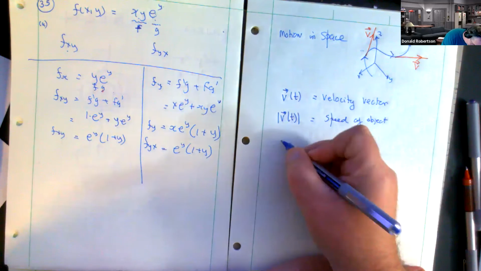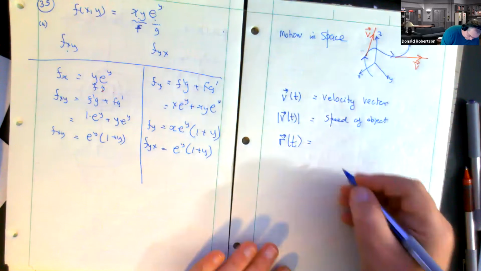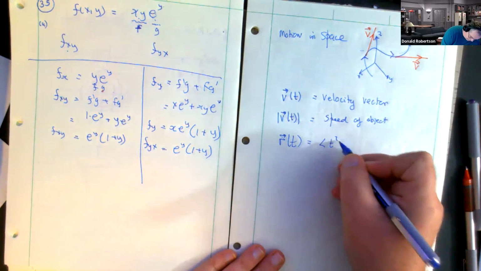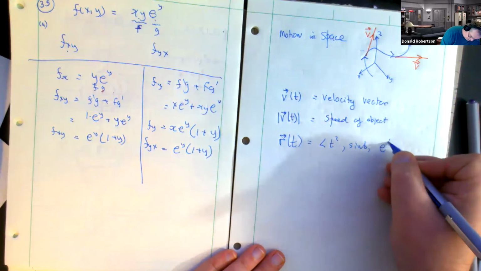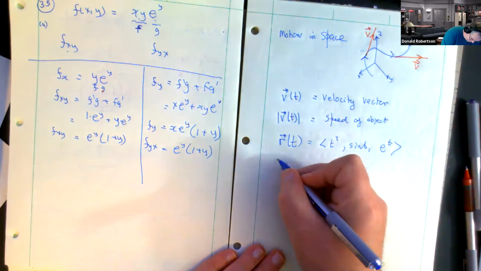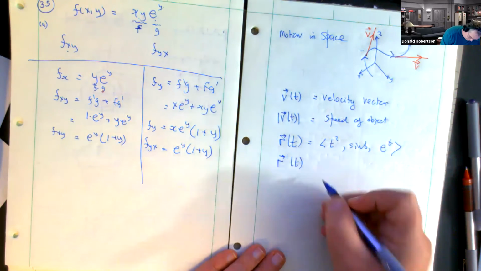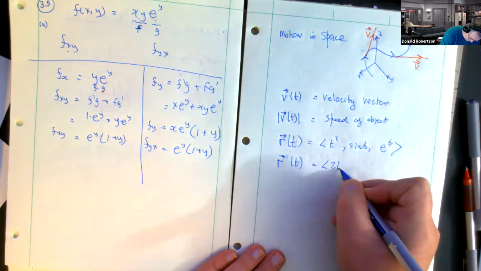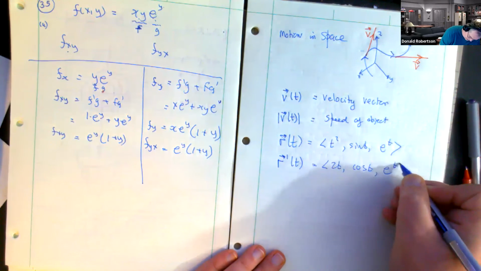So for instance, suppose I had a space curve, a roller coaster perhaps, and it was t squared, sine t, e to the t. Then if you find its first derivative, you get 2t, cosine t, e to the t.